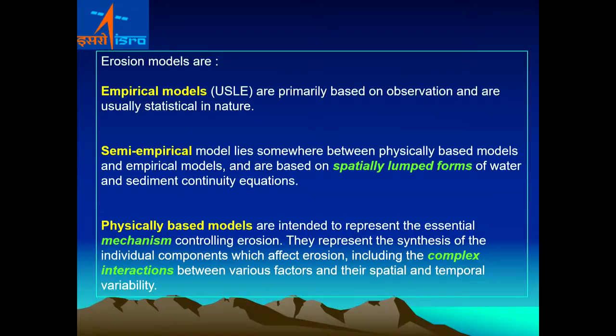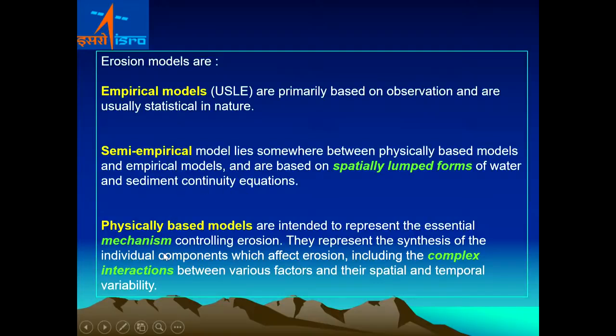All the equations and processes have been solved mathematically, and the complex interactions have also been solved. This is known as a physical based model. We know this physical based model as a white box model, where all the processes are clear, and we know what processes are taking place.